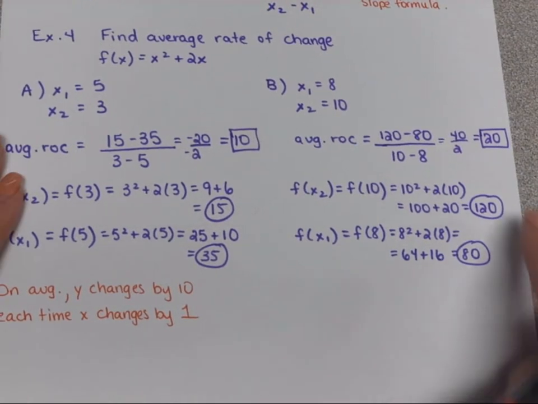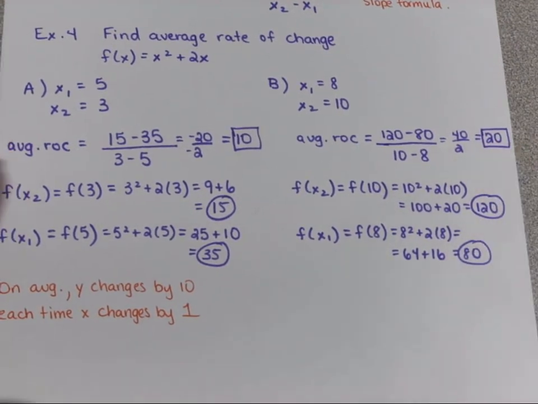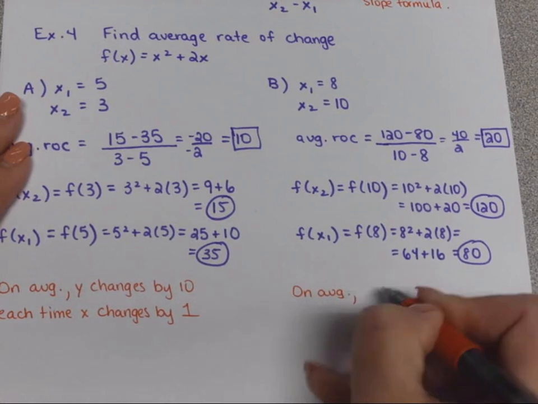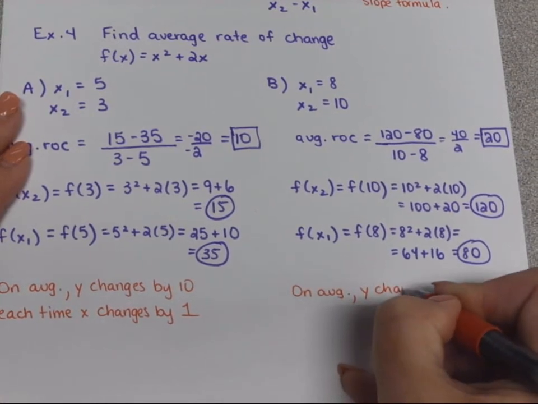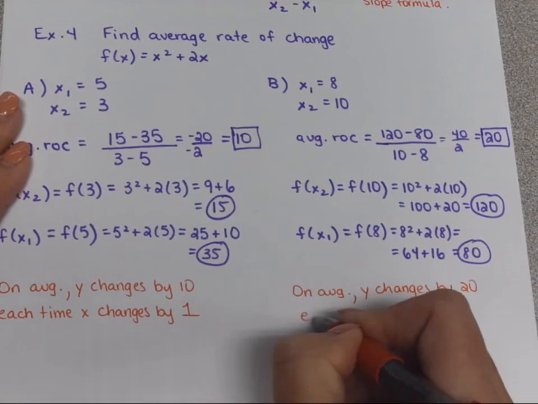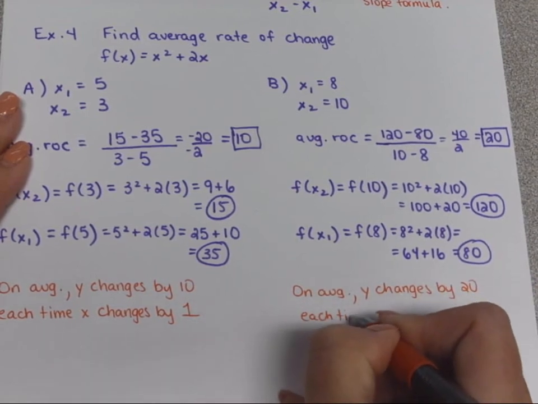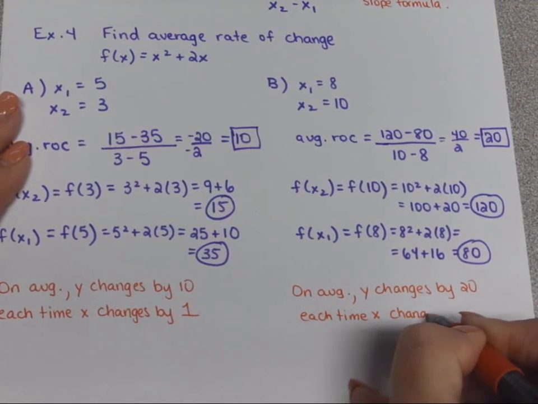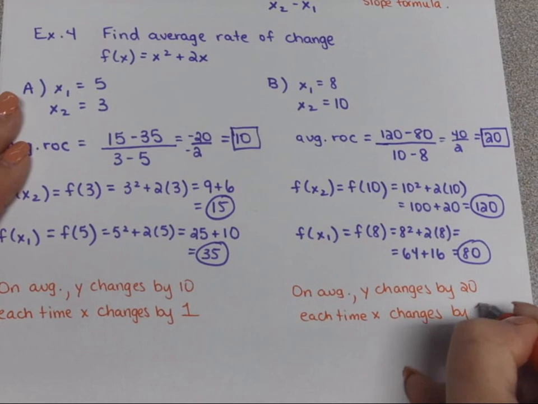So what's happening here instead? What's happening on average to y? Yeah, y changes by 20 every time x changes by 1. So of course the rate of change here is bigger, right? It represents a more rapid increase in values.